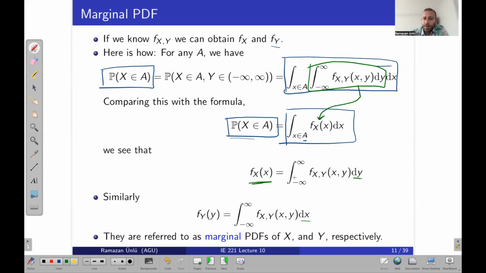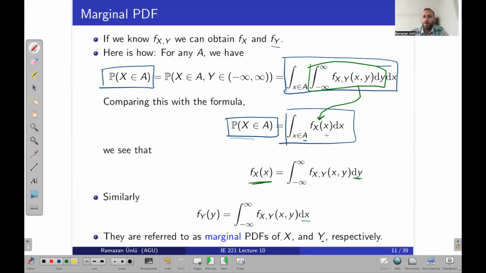The logic is the same. I'm fixing the x values and going over all possible y values, and here I'm fixing the y values and going over all possible x values. And they are referred to as the marginal PDF of x and y respectively.